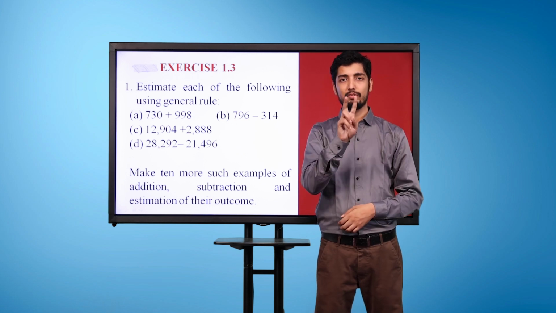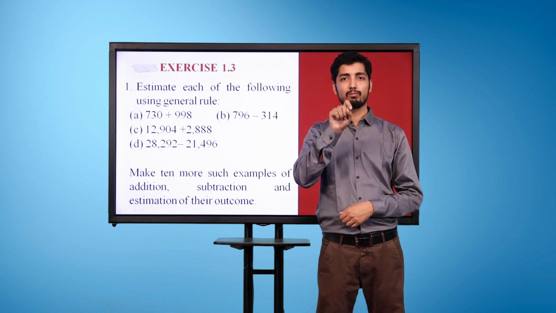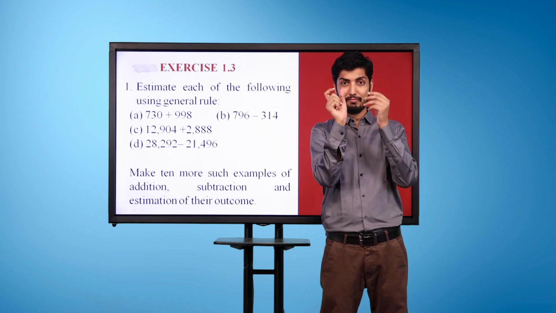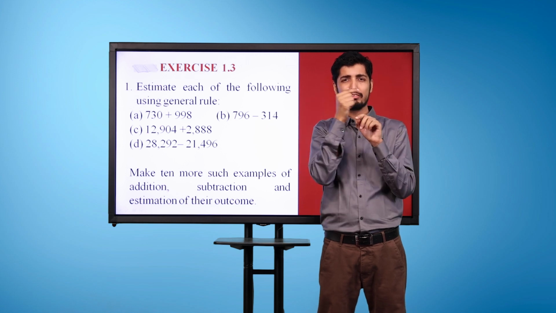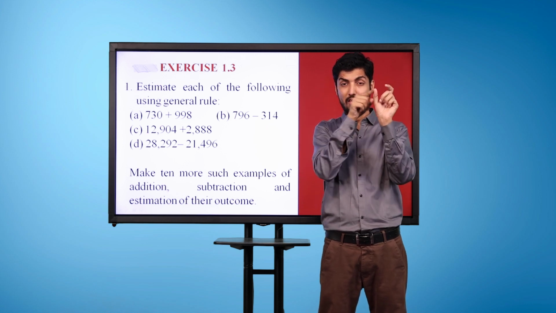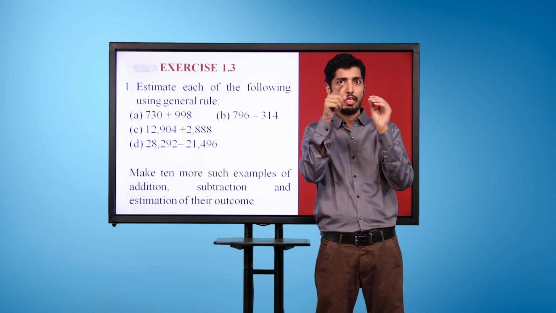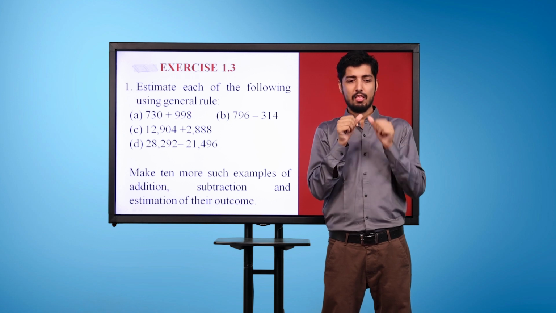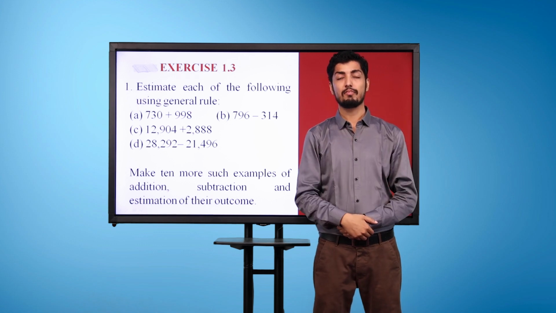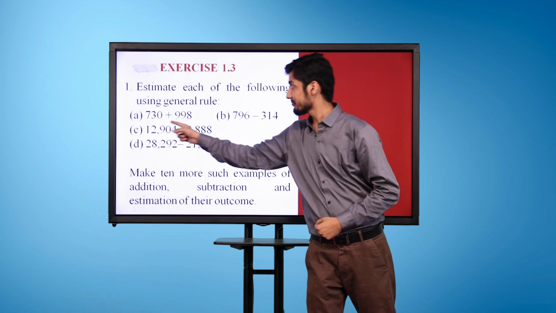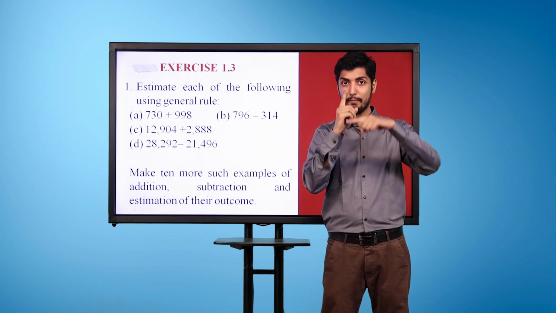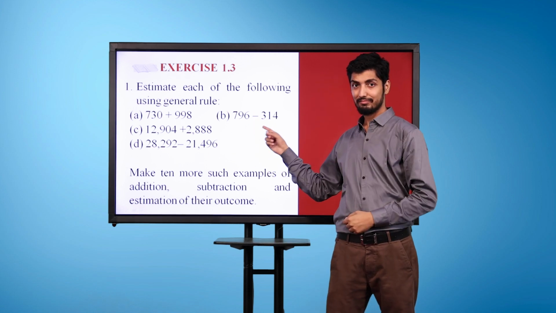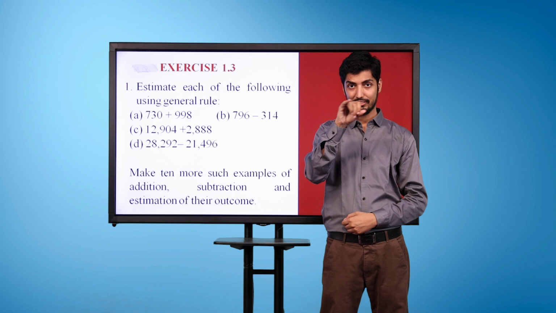Page 23. Exercise 1.3. 1. Estimate each of the following using the general rule. A. 730 plus 998. B. 796 minus 314.